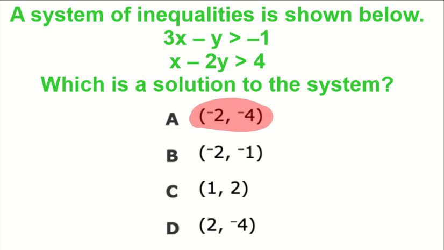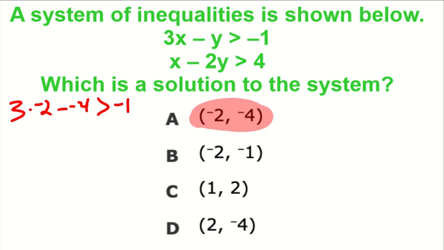We got an x value and a y value, right? So for x, I'd have 3 times -2 minus -4, and I need it to be greater than -1. So that's the first inequality.